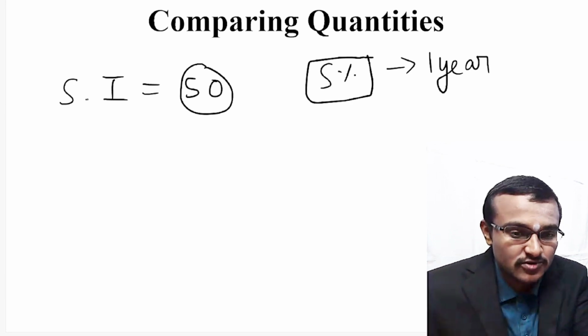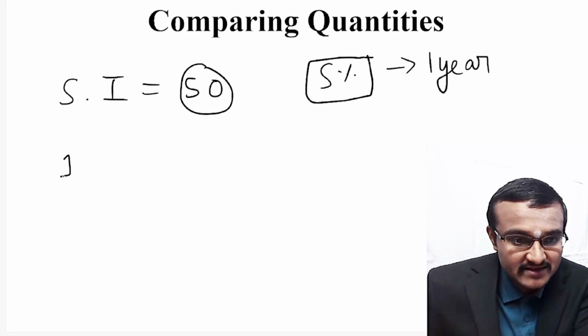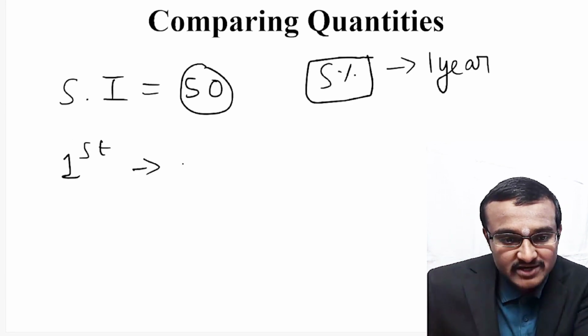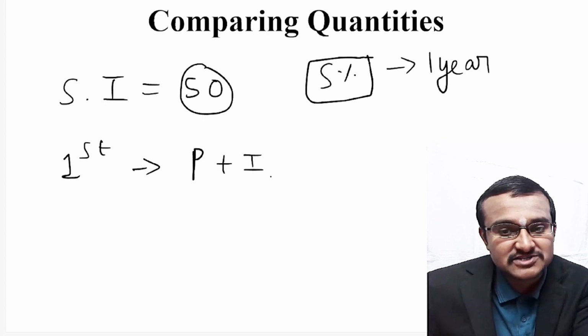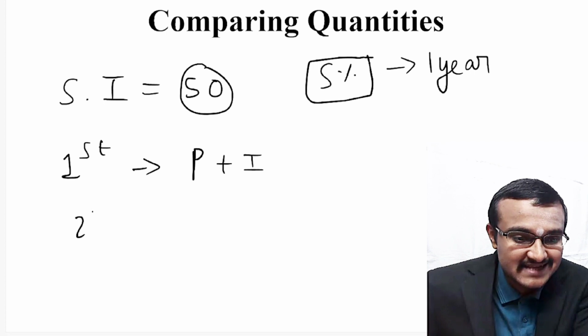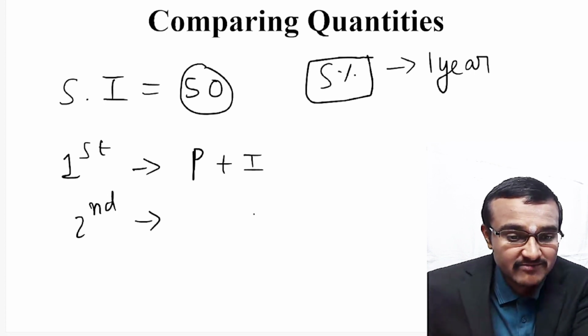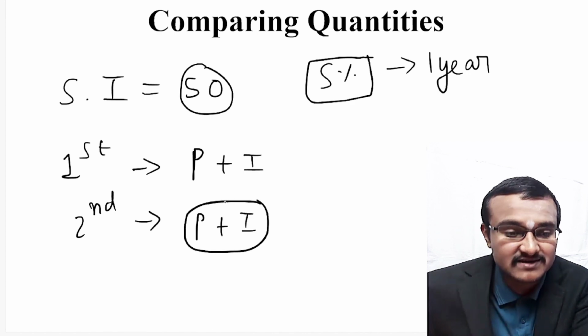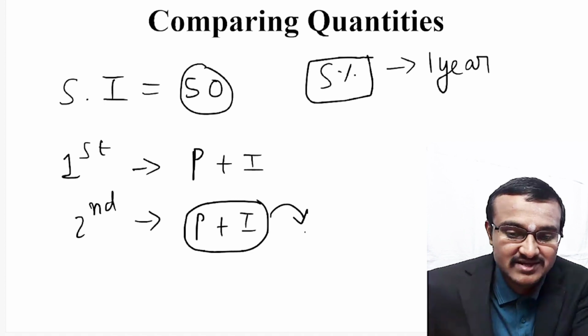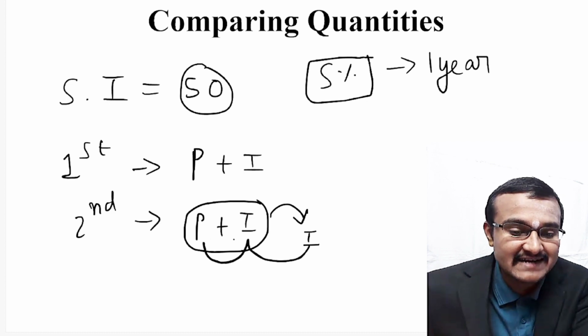In the first year, for the principal amount you had, they added interest of 5%. In the second year, the total amount will be the principal amount plus the interest you got in the first year, and for this they will calculate the interest.